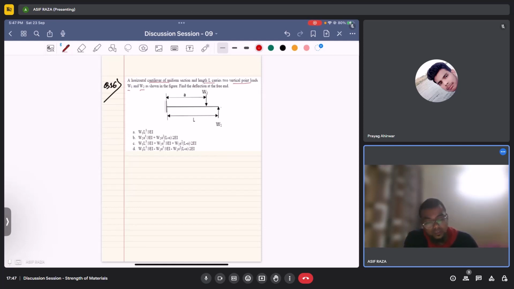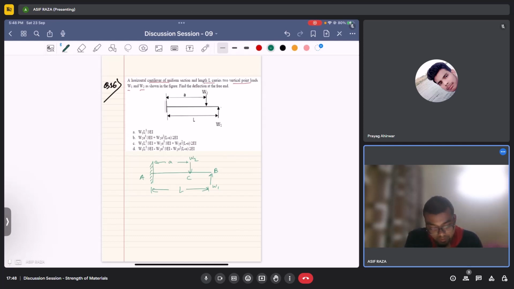Let me draw this. I'll write A as the fixed end, B as the free end, and C as the load acting at a distance a from the fixed end.